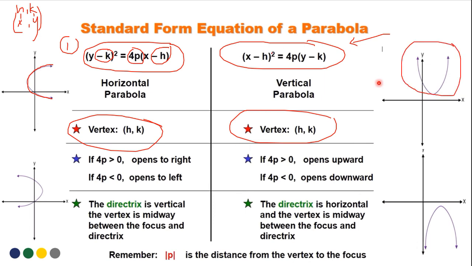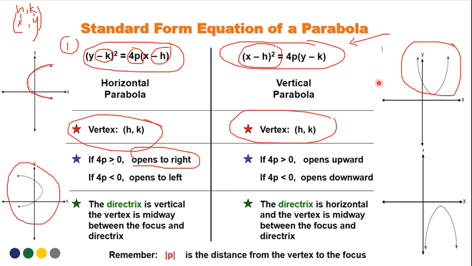Nakaharap siya sa x, kaya x yung squared. Yun po yung technique dyan. And then dito, kapag tinanong kayo yung vertex is h, k kasi nga gumamit na siya ng h, k. And again, if it is a positive 4p, the opening of the parabola is to the right. Ito naman, as you can see po, to the left. Kasi nga, negative yung 4p niya.